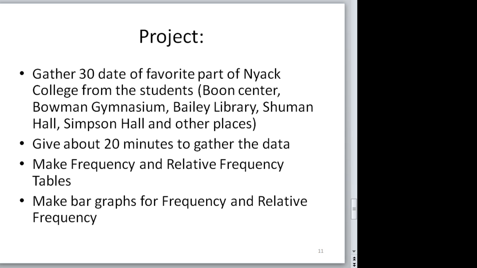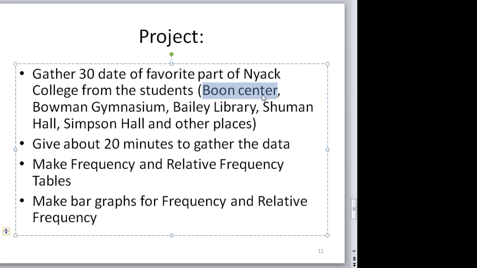As for the project, what you can do, gather 30 data of favorite part of Nile College from students, and you can ask this question to the students whether they like Boone Center or the gymnasium or the library or Schumann Hall or Simpson Hall or other places.